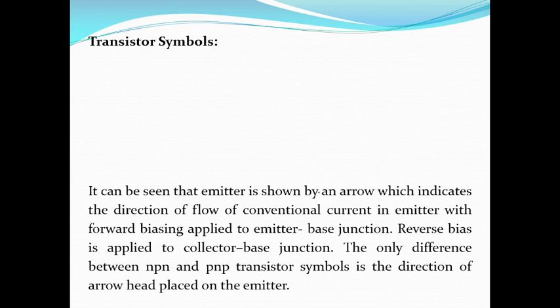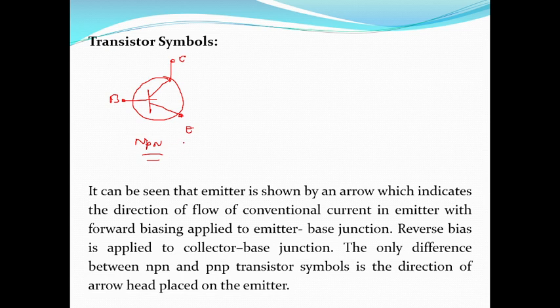Okay. Now transistor symbols. If it is an NPN transistor, the symbol is like this. This is the base, this is the collector, and this is the emitter.